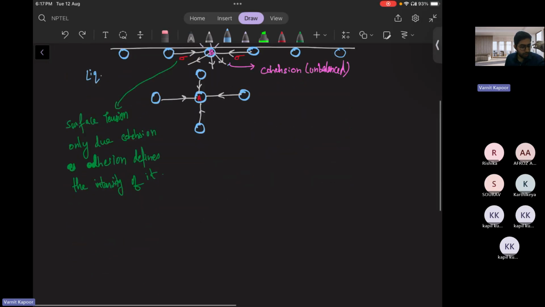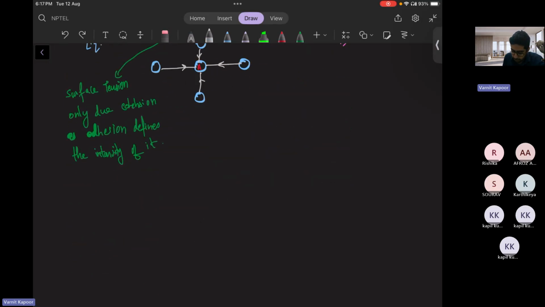All right. So what is a surface tension value? Surface tension value of water and air scenario is nothing but 0.073 Newton per meter. This is a very standard value.